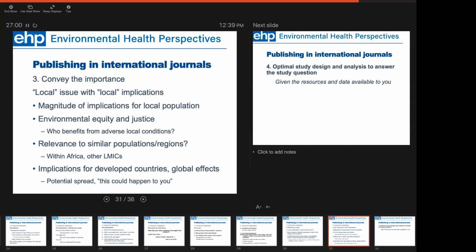And then what about the idea of local issues with local implications? Well, the thing here is, first, the magnitude of the implications for your quote unquote local population can be very large. These things can be really important in terms of environmental equity and justice.